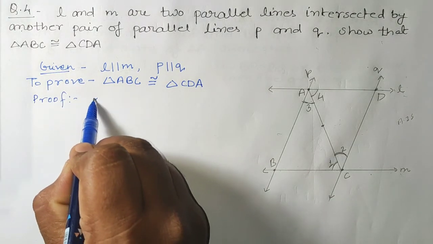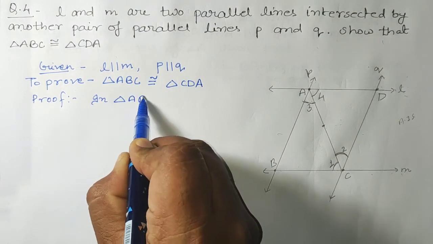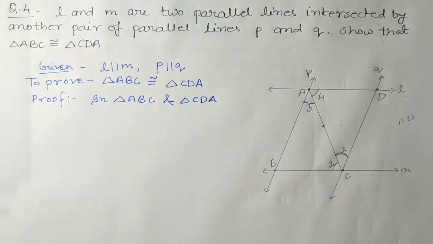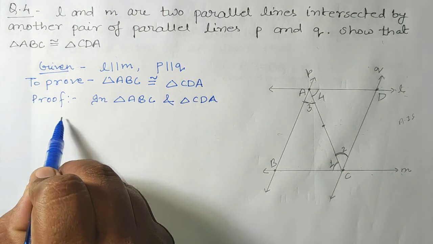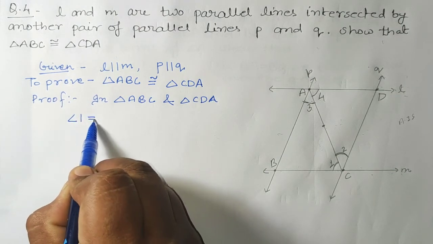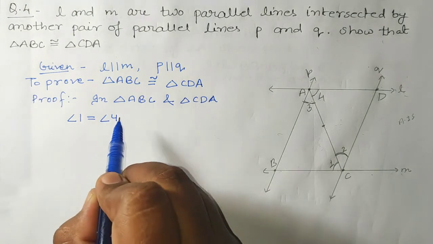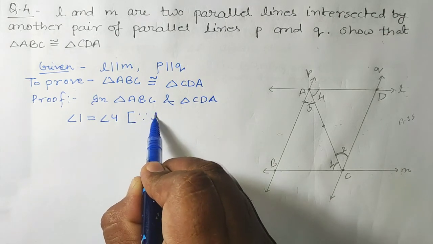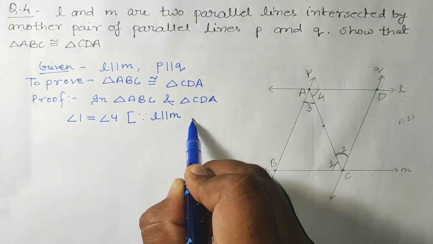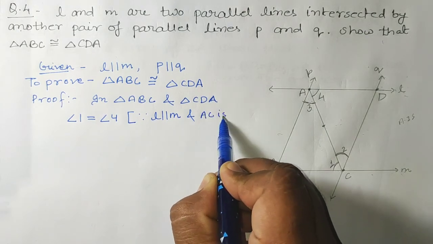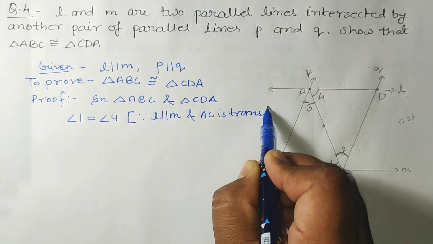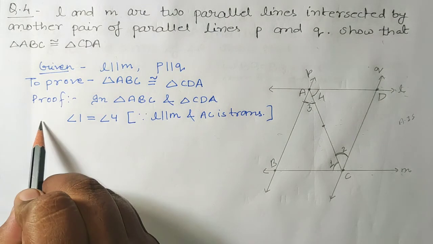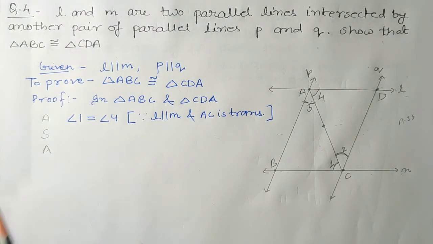In the proof part we'll write, in triangle ABC and triangle CDA, angle 1 is equal to angle 4. Why? Because L is parallel to M and AC is the transversal, so this angle will be equal to this angle.